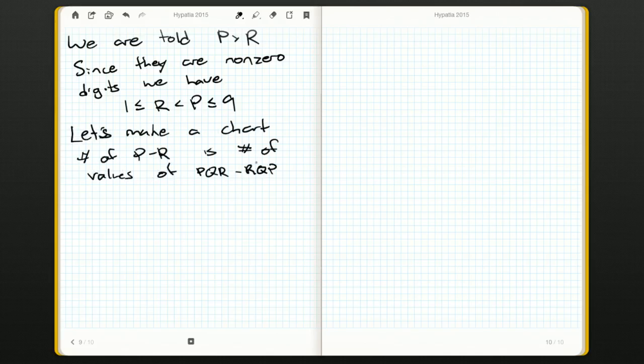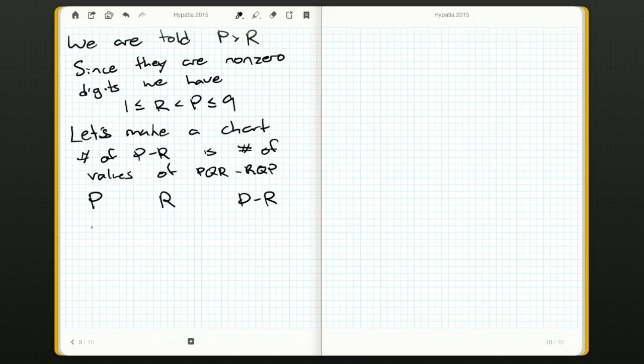And just as a little note, because this difference is 99 times P minus R, the number of values of P minus R we get in our chart is going to be exactly the number of values of this difference here. All right. So we'll have values of P, we'll have values of R, and we'll have P minus R. Okay, what's the best way to go about this?